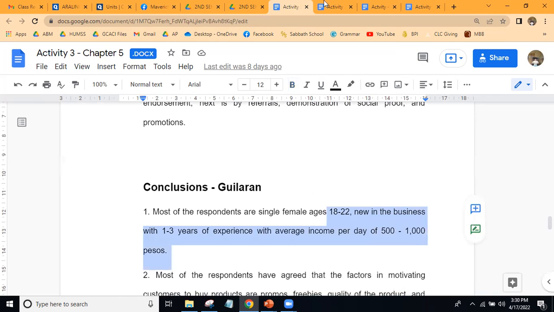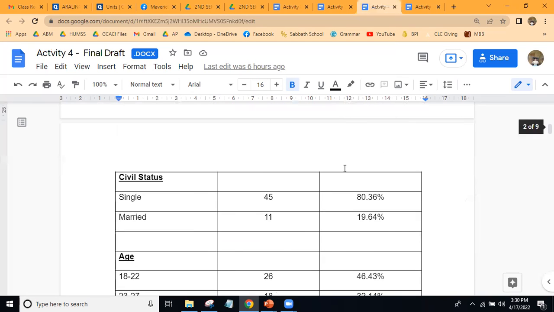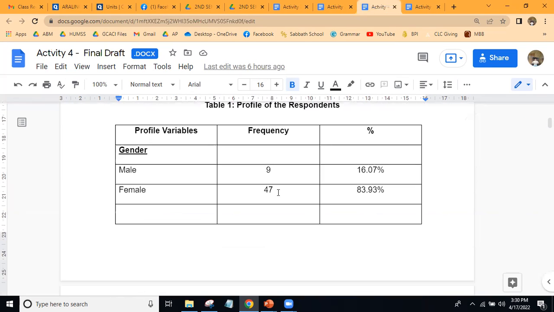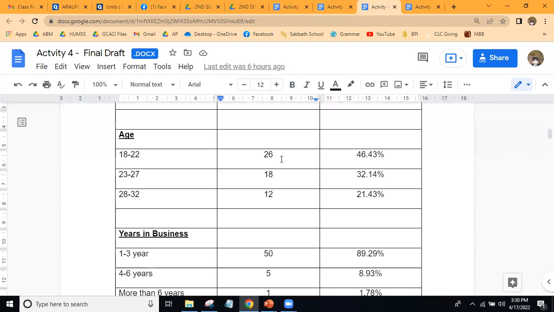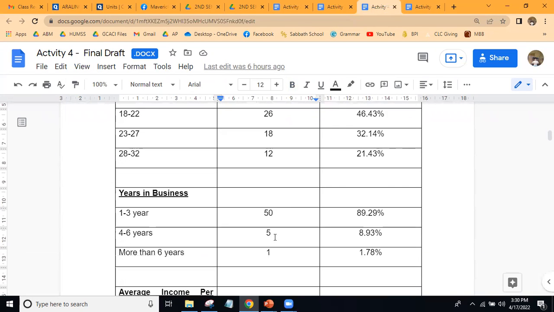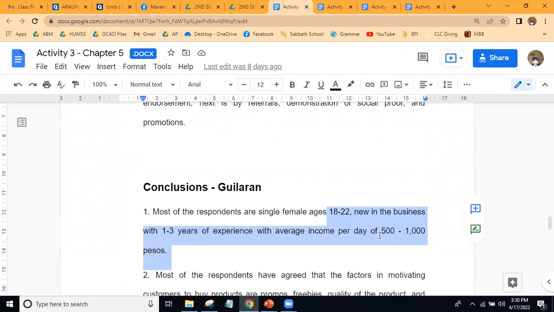No? As you can see, let's see. Okay. So chapter 4, ano yung pinakamataas? Female. Okay, female daw, single, age 18 to 22, and 1 to 3 years in service. So right? So that's the thing that is included in the conclusion.